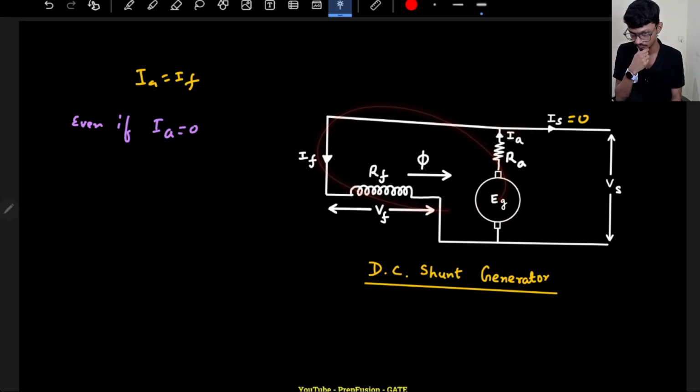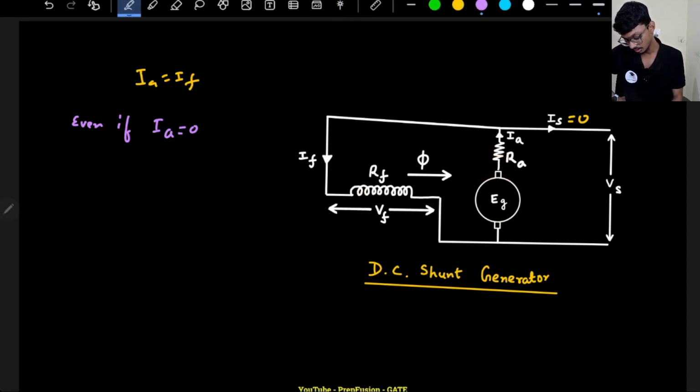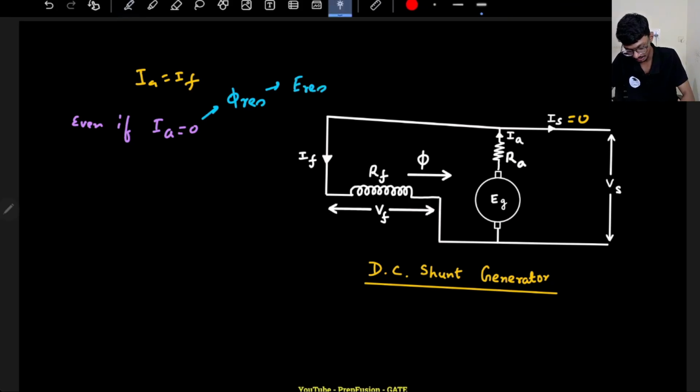I mean basically more than the armature reaction drop and the brush drop, correct? I don't know if some current will flow, so IA will be 0. Why? Because there will be a residual flux, and due to that a residual induced EMF will be generated in this armature.